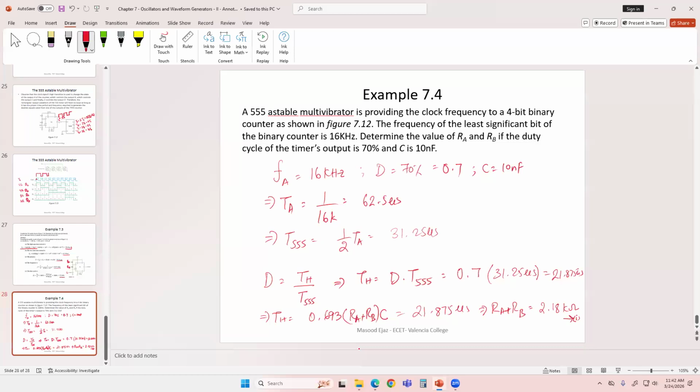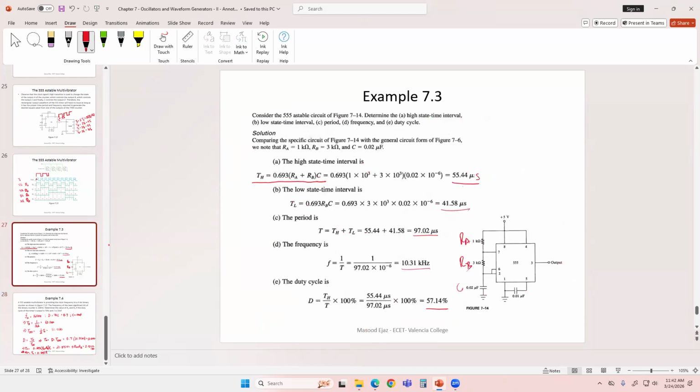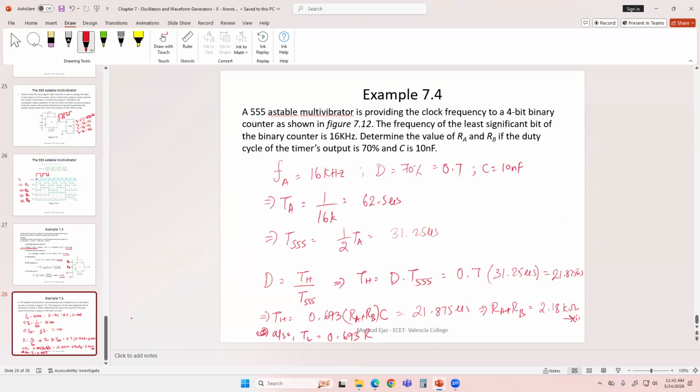Now, the other equation is going to come from the low time. The low time is 0.693 RB times C. And how much is the low time?